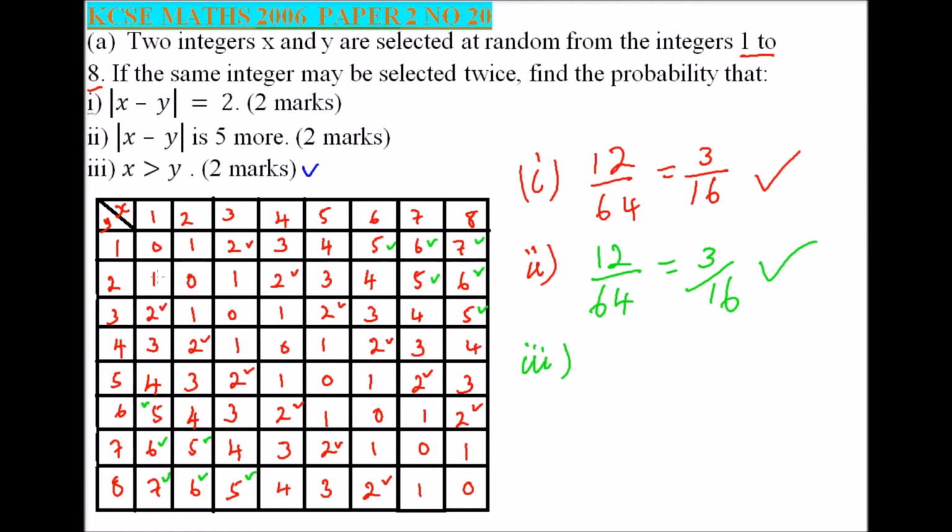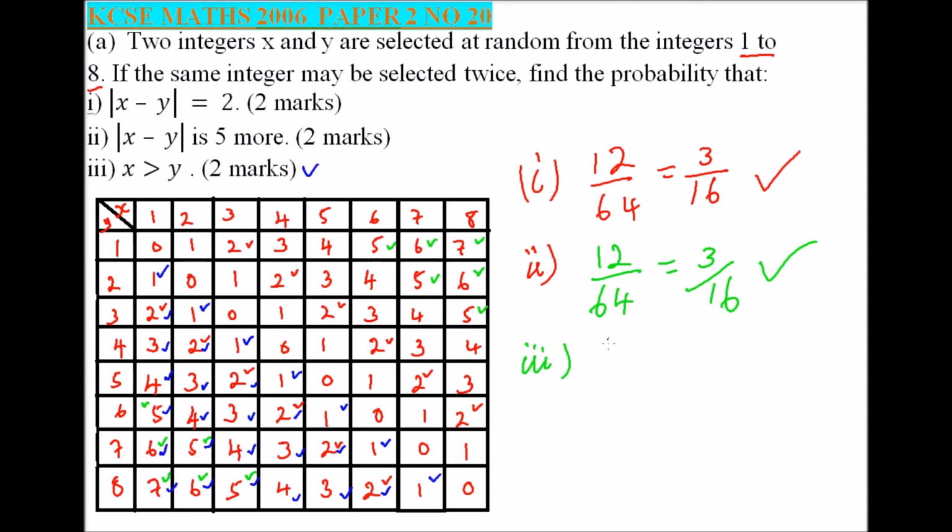So all these values, 1, 2, 3, 4, 5, 6, 7, 8, 9, 10, 11, 12, 13, 14, 15, 16, 17, 18, 19, 20, 21, 22, 23, 24, 25, 26, 27, 28.